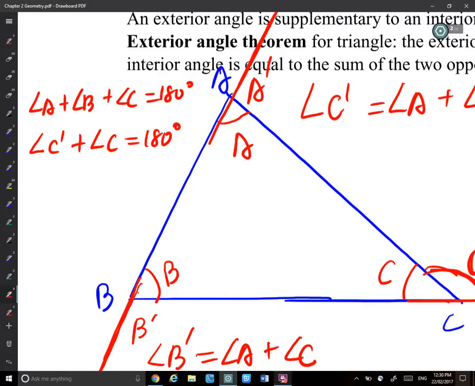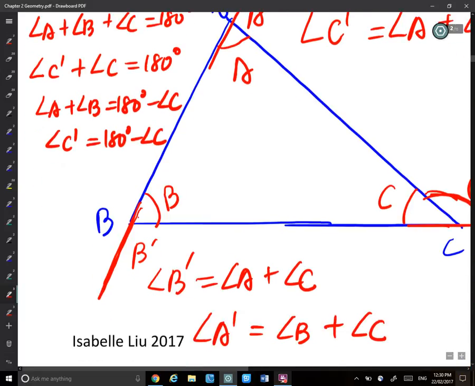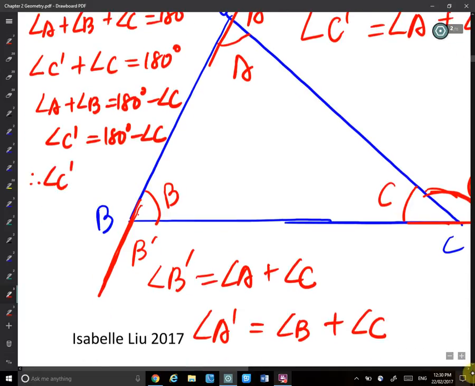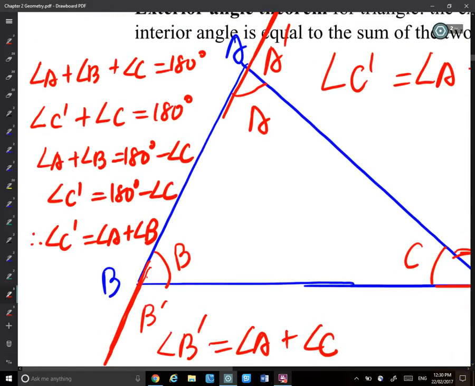So angle A plus angle B equals 180 degrees subtract angle C, and angle C dash equals 180 degrees subtract angle C as well. So angle C dash equals angle A plus angle B. That's how you prove this.